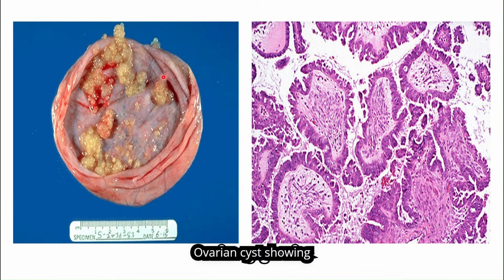Ovarian cyst showing papillary projections, and in microscopy you can see papillary structure with central fibrovascular core. So this is the specimen of serous papillary carcinoma, and these are the microscopic features of this tumor.